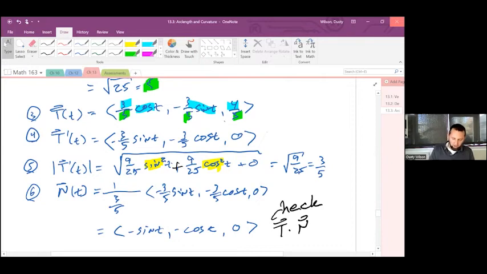If I want to check, I'm going to look at the result from n of t and dot it with the result of t of t. So we dot the two together. It looks like we would get negative 3/5 sine cosine plus positive 3/5 sine cosine plus 0, which is indeed 0.